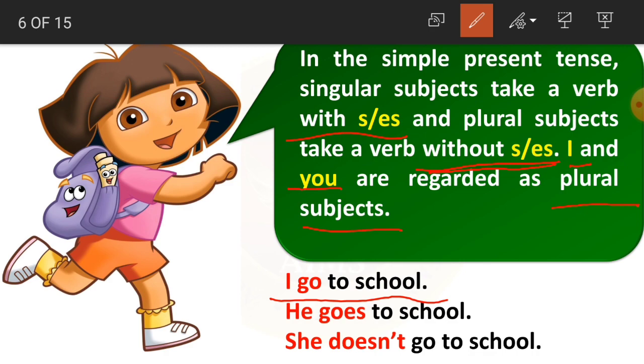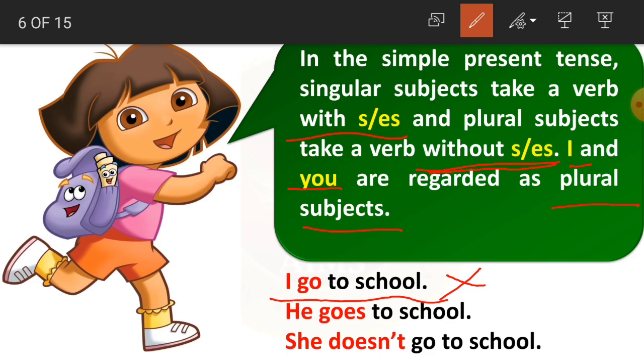So why have we kept go here in the first sentence? Subject is I and the sentence is in present tense. Because I is a plural subject, the verb must not have s or es. That is why I go to school. Clear, children? I is the subject.